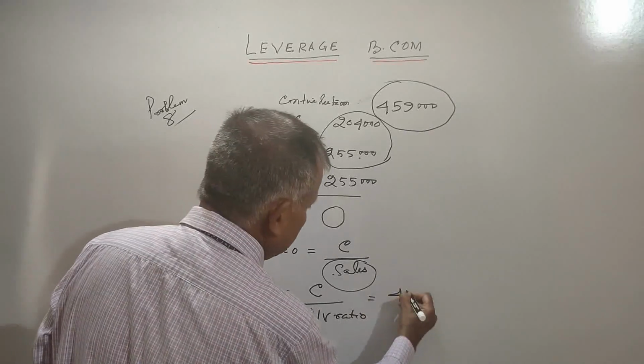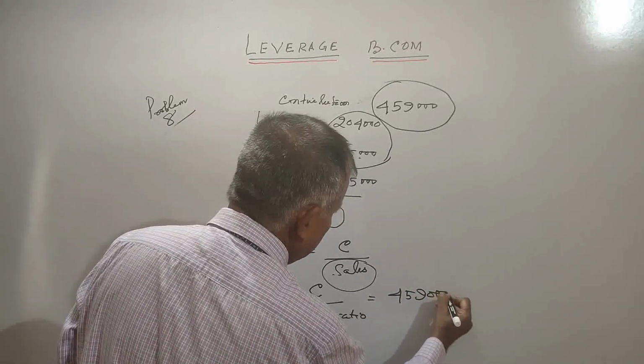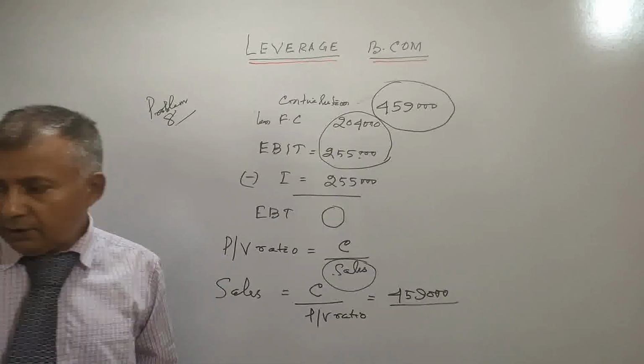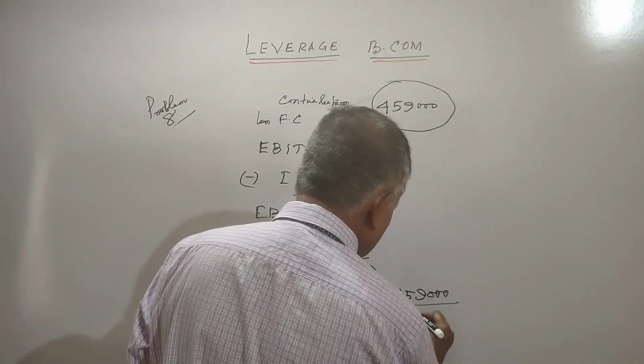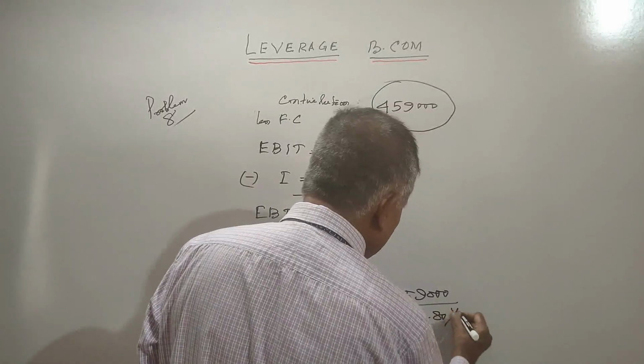So let us find out the related sales from contribution by PV ratio. Contribution is 4,59,000 and PV ratio is 23.80%.